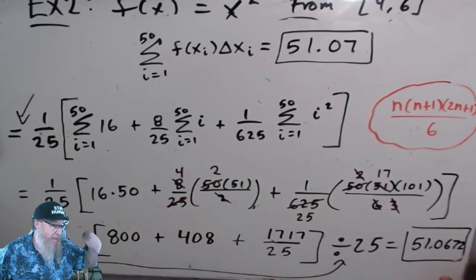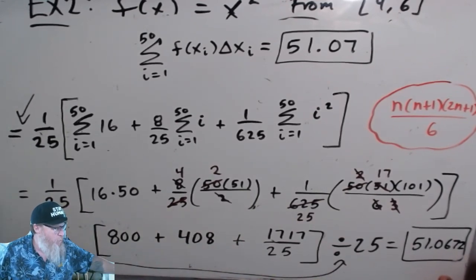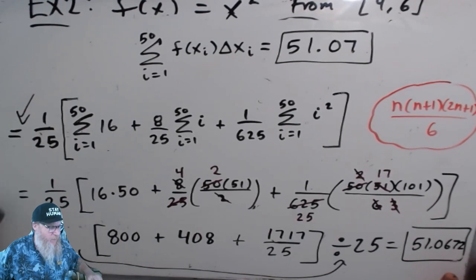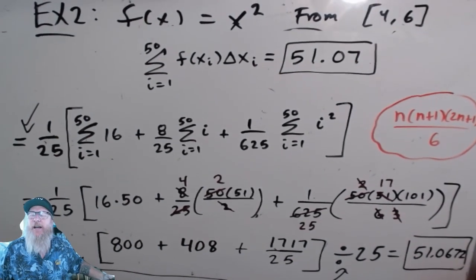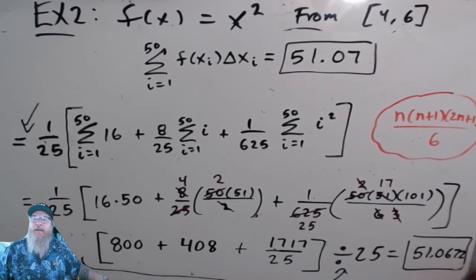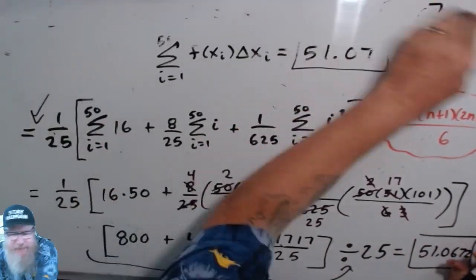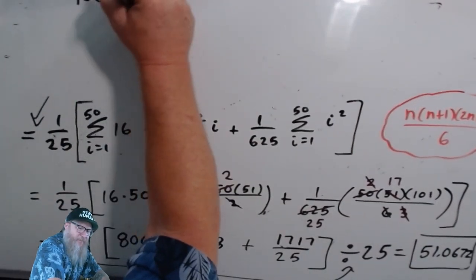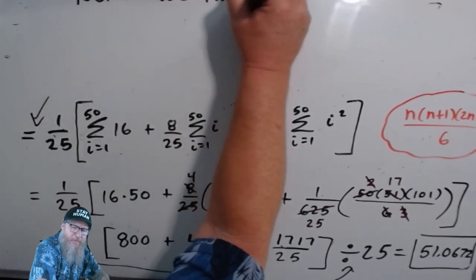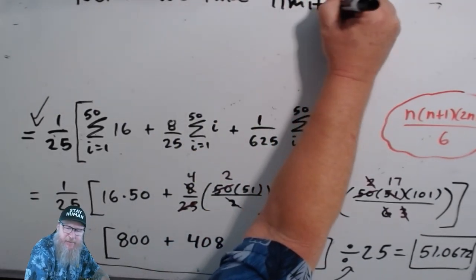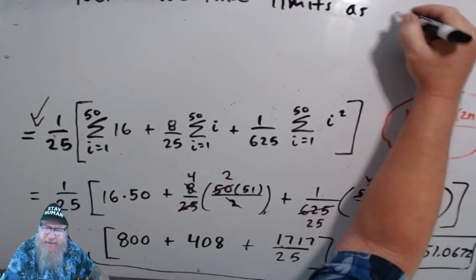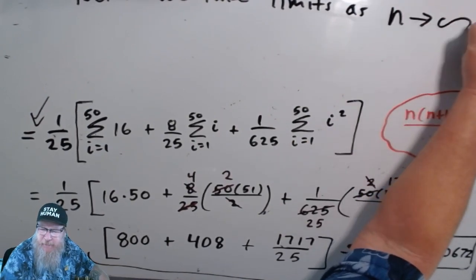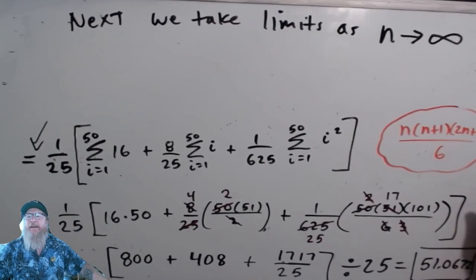Okay, well, that's really just sort of the warm-up for this lesson. We have not yet actually done the limit yet. So next, we take limits as n, the number of rectangles, approaches infinity.